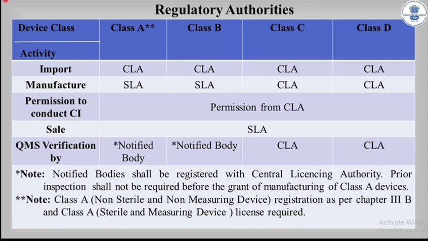Here I just want to specify that when it comes to Class A sterile devices or devices having a measuring function, a license is required. Whereas if it is a non-sterile, non-measuring, low-risk Class A device, then a simple registration on the portal is sufficient for doing the manufacturing or import of medical devices.